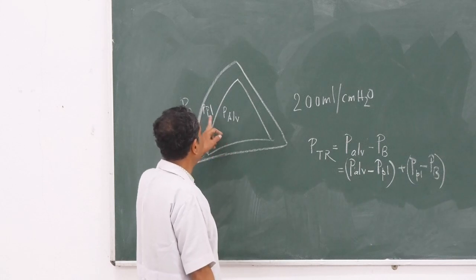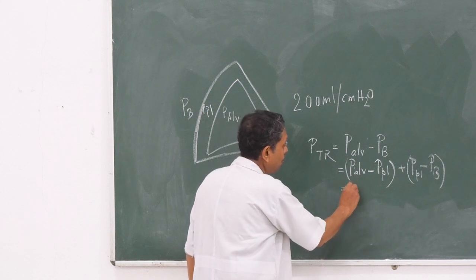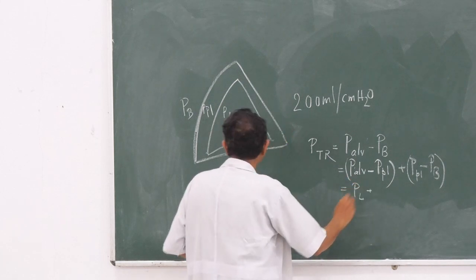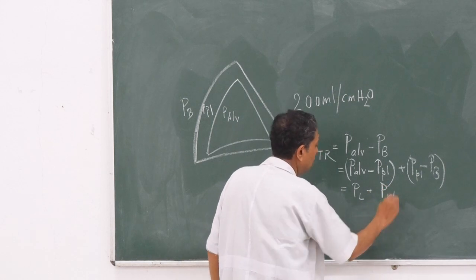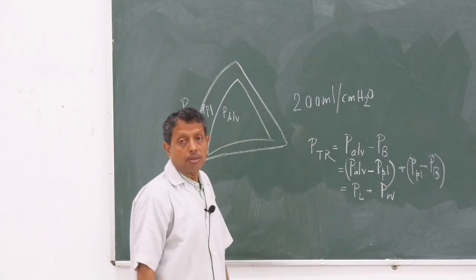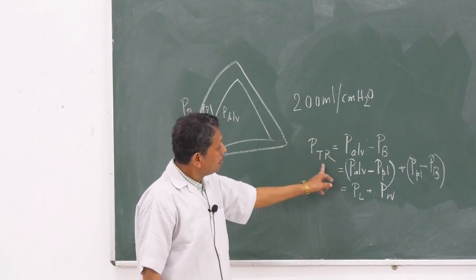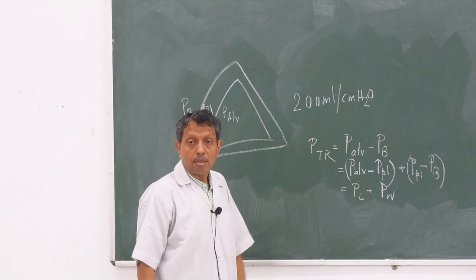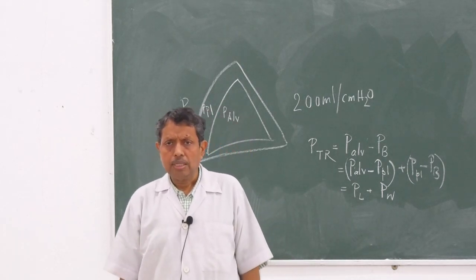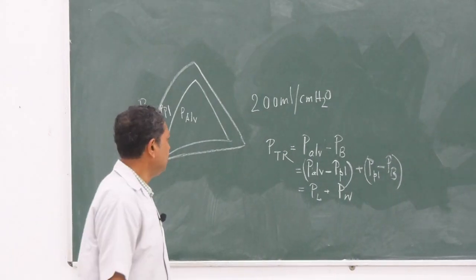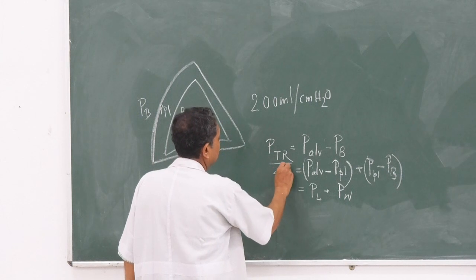So P alveolus minus barometric pressure is the transmural pressure of the total respiratory system, the lungs one is P alveolar minus PPL, and PPL minus PB is that of the chest wall. And if you divide this side and this side by the volume change, tidal volume or volume change, simply delta V, that is the delta V.